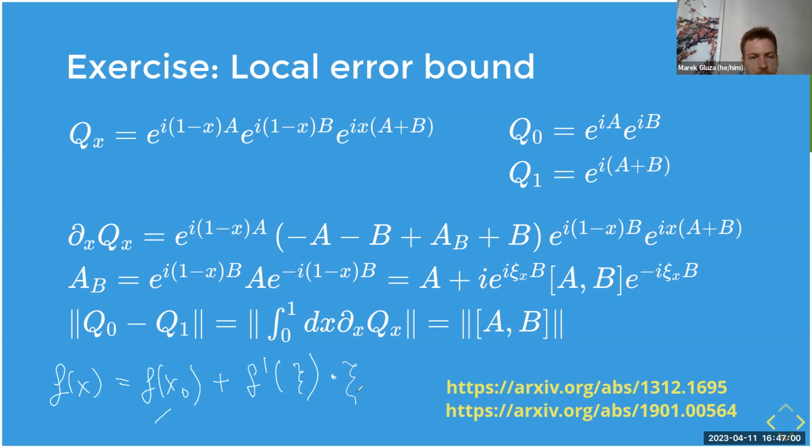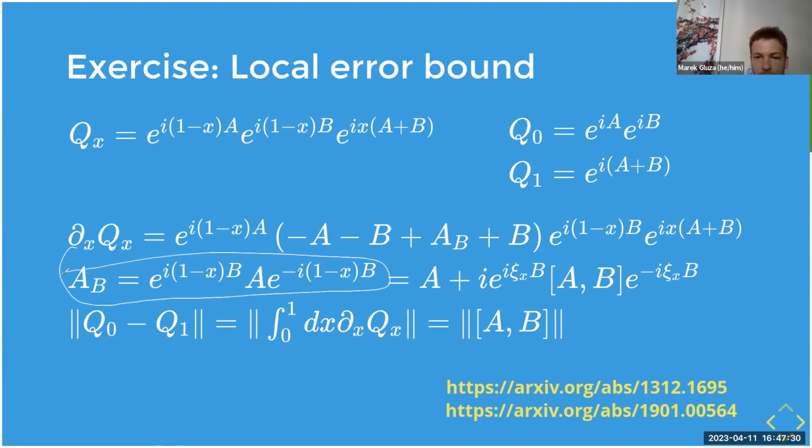Is this true? So basically the idea is that if this is considered a function of x, then I can evaluate at x equals 0, or I'm actually doing this around x equals to 1, then this is identity, this is identity. So my f(x0) is equal to A. And then I need to compute the derivative of this object and evaluate that derivative at some Lagrange point xi(x).